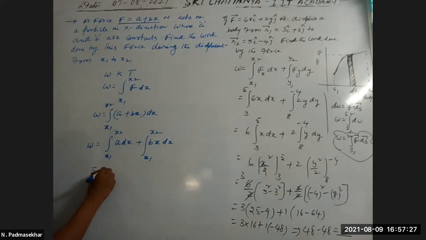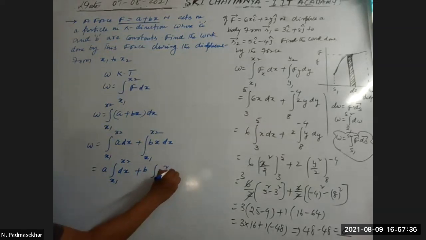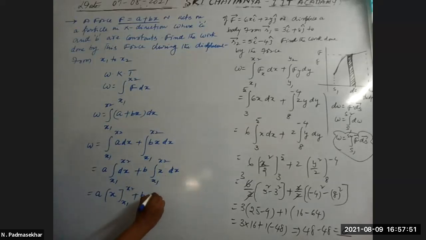Now A is a constant, so it is out: integral dx from x1 to x2, plus B constant is out: integral x dx from x1 to x2. So this is equal to A times integral dx, which is x from x1 to x2, plus B times integral x dx, which is x square by 2 from x1 to x2.